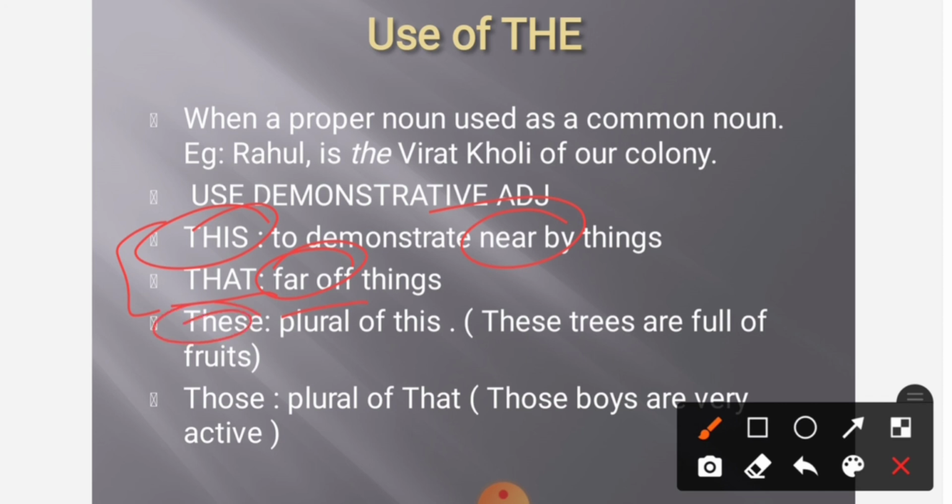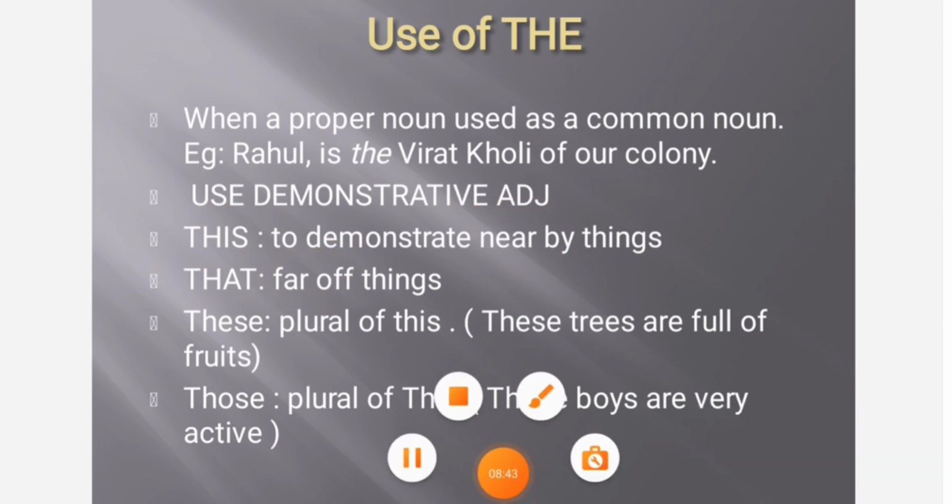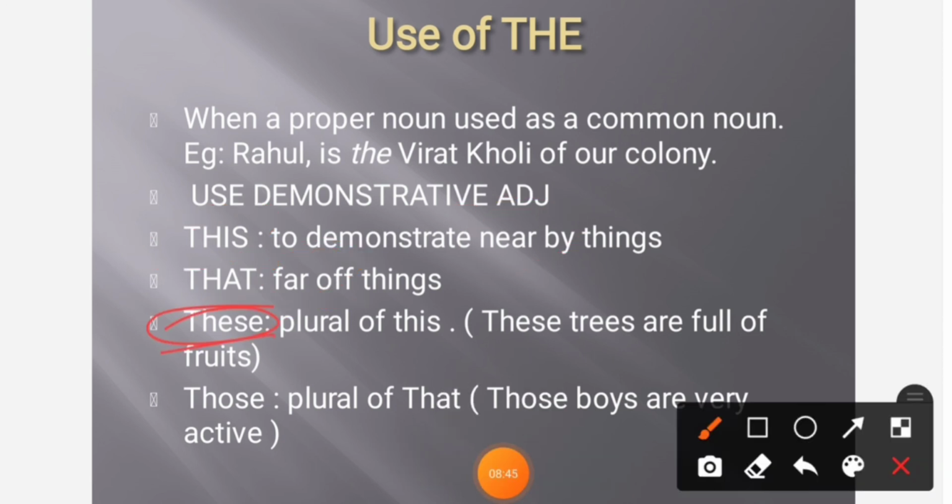Next we have 'these'. 'These' is the plural of 'this'. When we say 'these trees', the trees are more in number, so we use 'these' here. These trees are full of fruits. If it is singular, we say this tree is full of fruits.